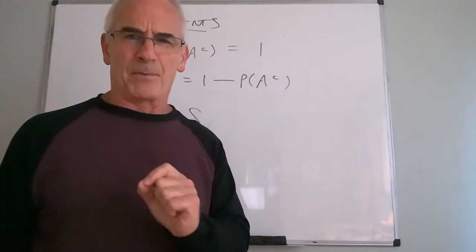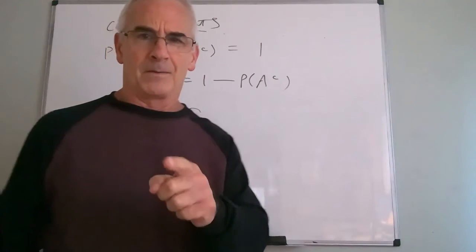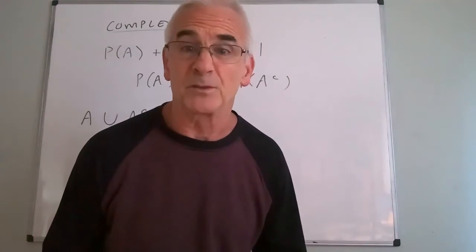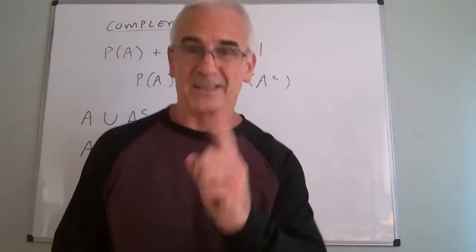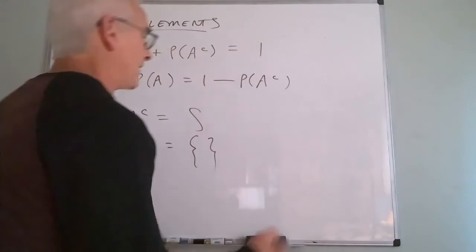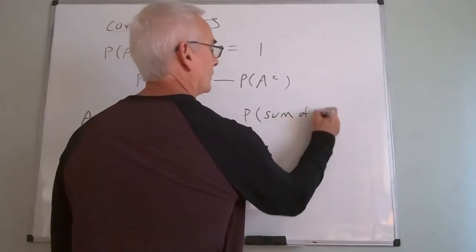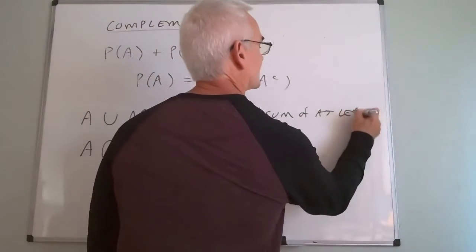I just said, what's the probability of having a sum between 3 and 12? I only excluded a sum of 2. There's only one way to get a sum of 2. So if I wanted the probability of, let me write it this way, a sum of at least 3.